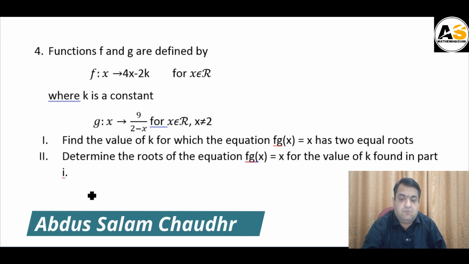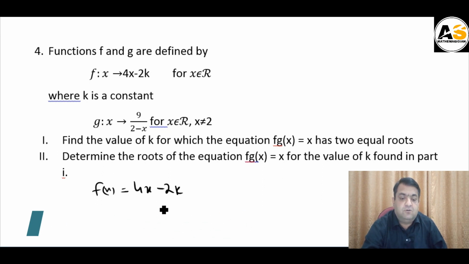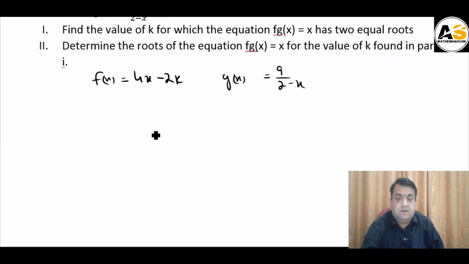So I am starting it. F of x is equal to 4x minus 2k. G of x is equal to 9 over 2 minus x. First of all, we will find f of g of x. What is the procedure for that? In f of x, x is replaced by g of x, minus 2k.